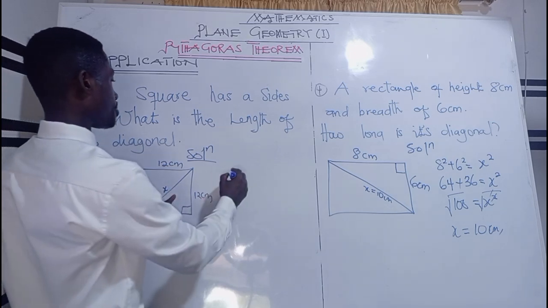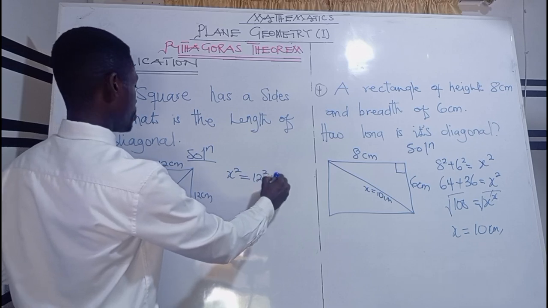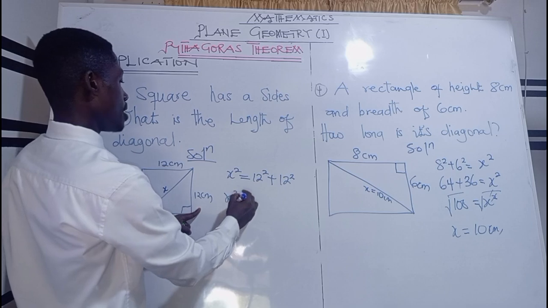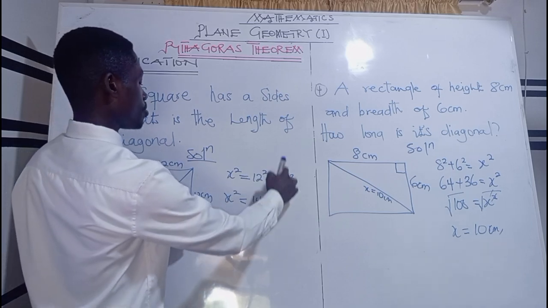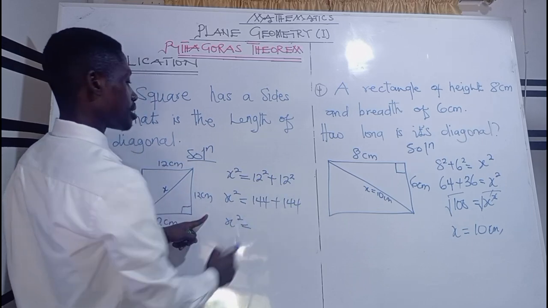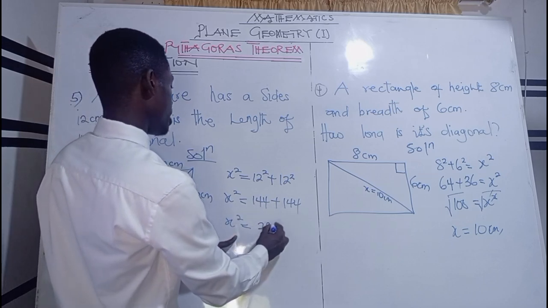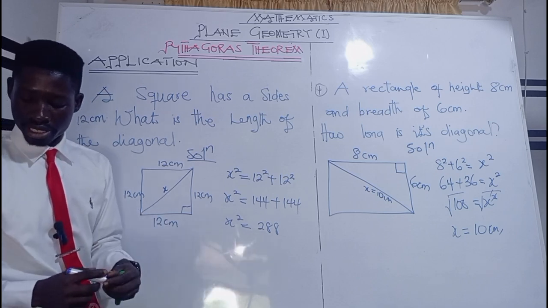So we know that x squared is equal to 12 squared plus 12 squared. 12 squared will give us 144. So we have x squared is equal to 144 plus 144, which is 288. Then we take the square root on both sides.